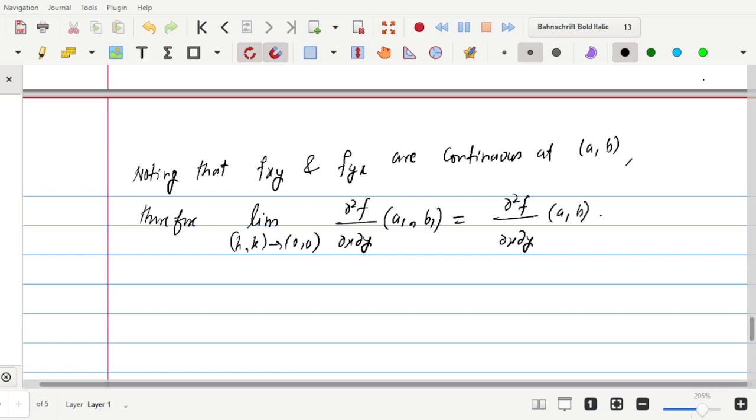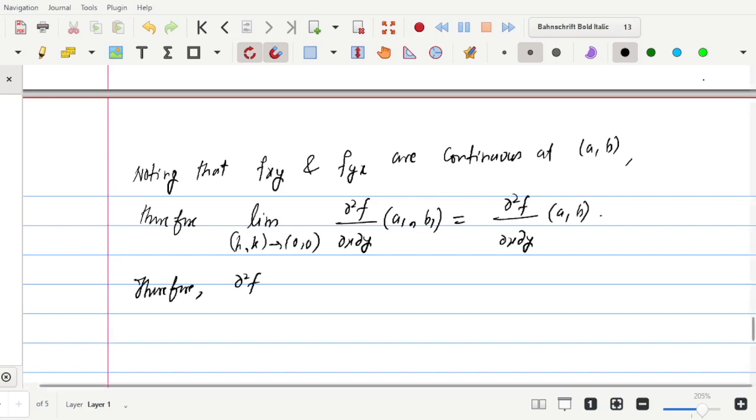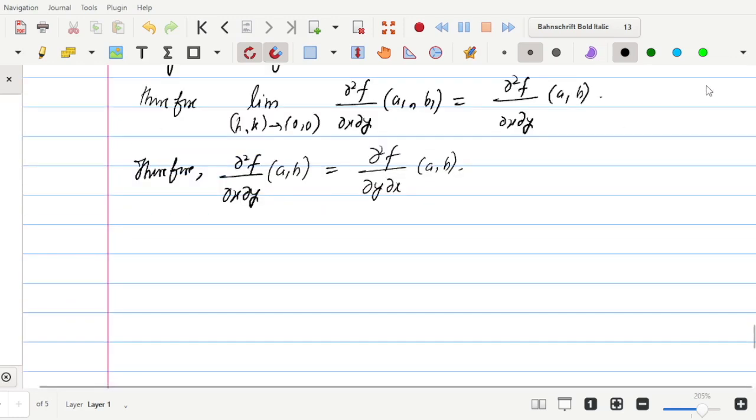So we have to use two things here. One, that when h k approaches 0 comma 0, this a1 b1 will approach a comma b, and since function f x y is continuous, therefore del square f by del x del y approaches simply del square f by del x del y at the point a comma b. So therefore we have del square f by del x del y at a b is equal to del square f by del y del x at the point a b. So this completes the proof of Clairaut's theorem.